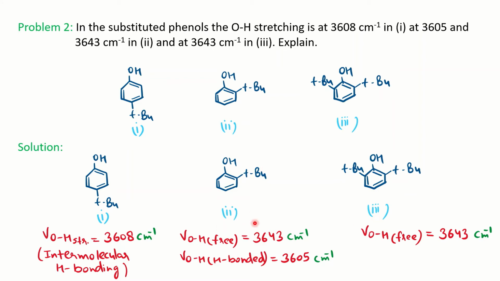While in the second, partially both will be there. In the first structure, purely you will get the hydrogen bonded peak. Chances of free OH will be less, as more molecules will come closer and form hydrogen bonding. So like that, based on hydrogen bonding, you can justify your explanation and answer.